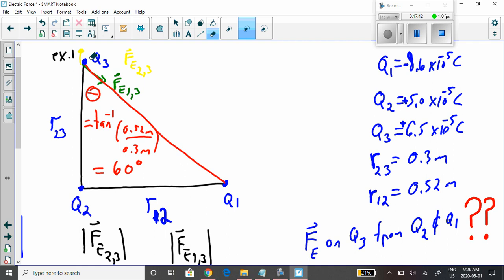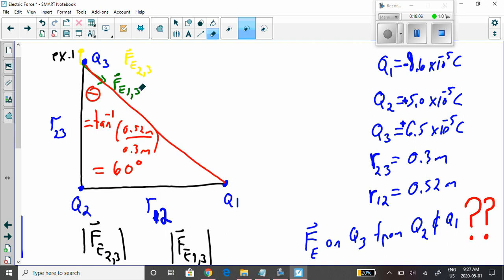At this spot right here where Q3 is, it's going to feel a force of attraction towards Q1. So that's what I've drawn here in green. Force electric, of charge Q1 on charge Q3, and it's an attractive force. That's why I've drawn the arrow from Q3 to Q1.